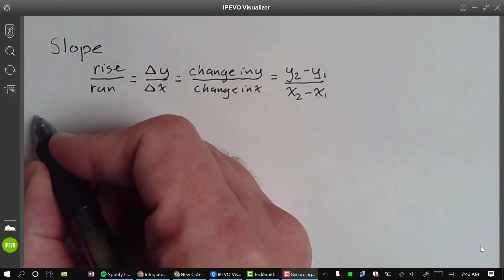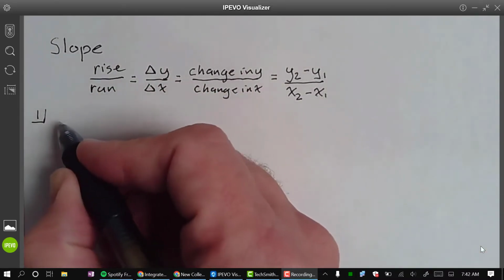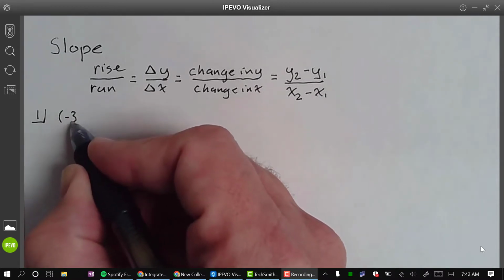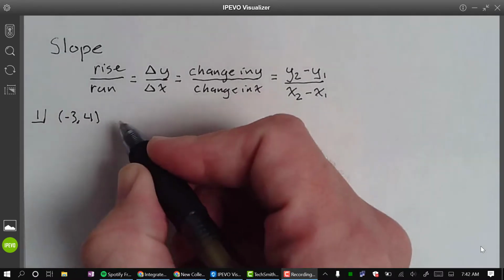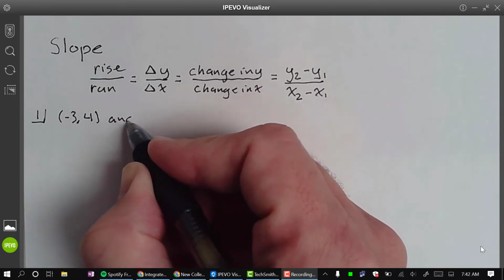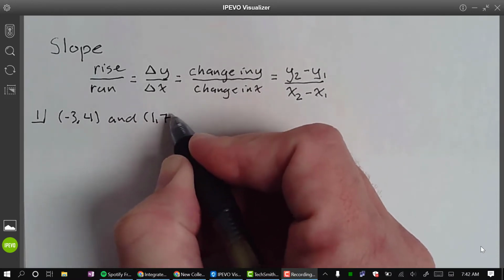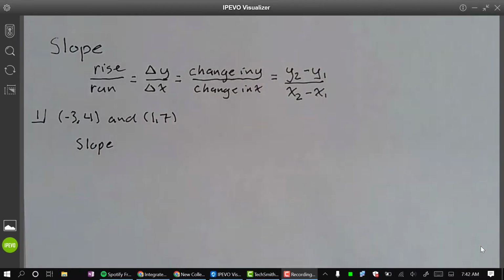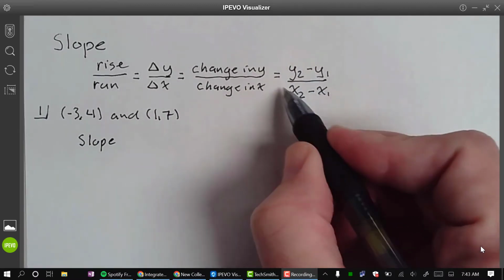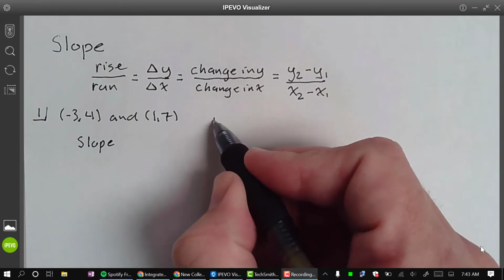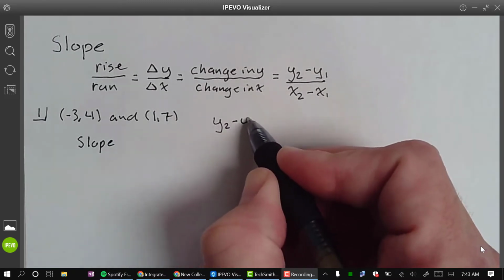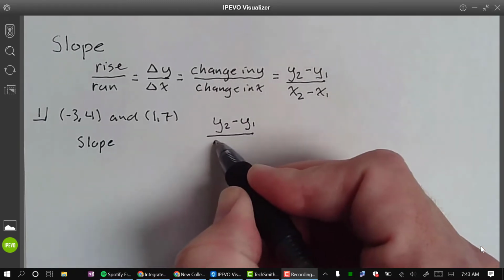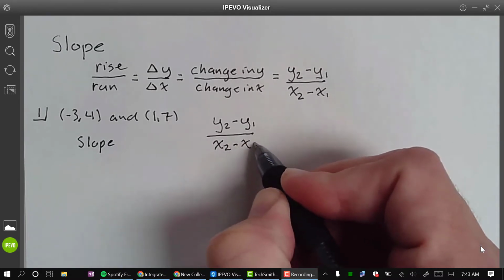So let's take a look at number 1. I have the points -3, 4, and 1, 7. I want to find the slope of this. So I'm going to use this formula: y2 minus y1 divided by x2 minus x1.